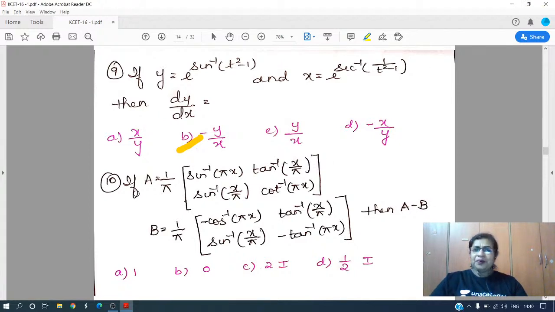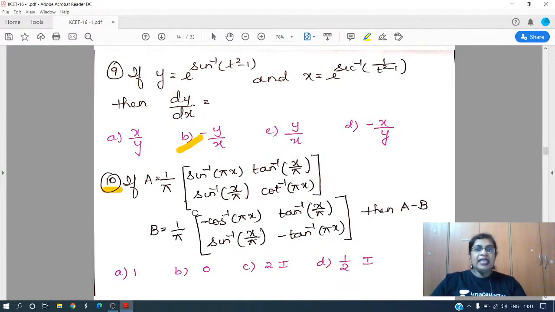Now, coming to the next question, 10th question. Okay, 10th question. So, I have here if A is equal to 1 by pi, and this is which symbol? Is it determinant symbol? No. When I have square bracket, it is matrix symbol.